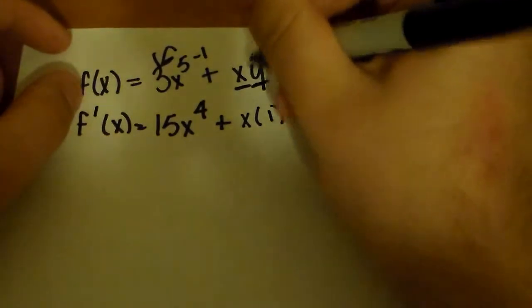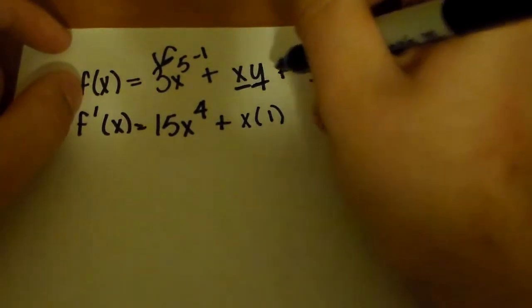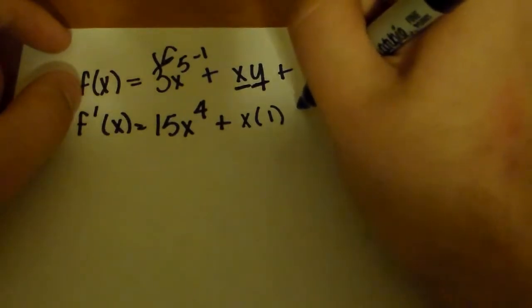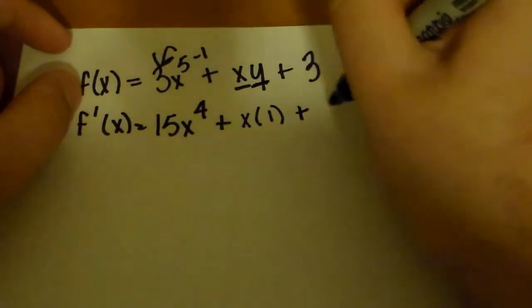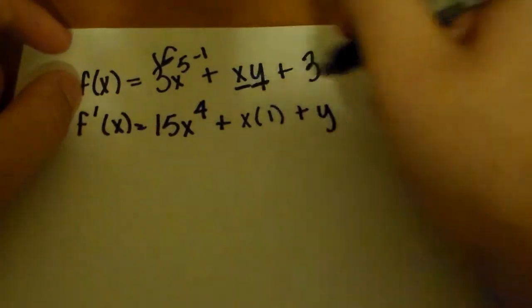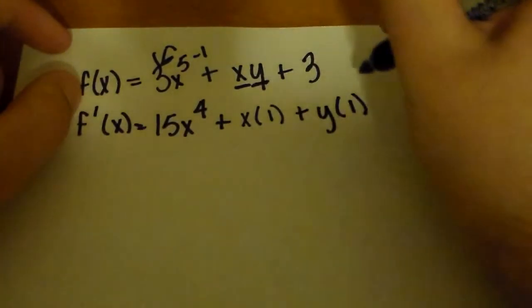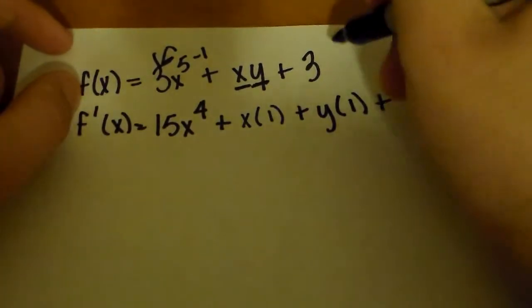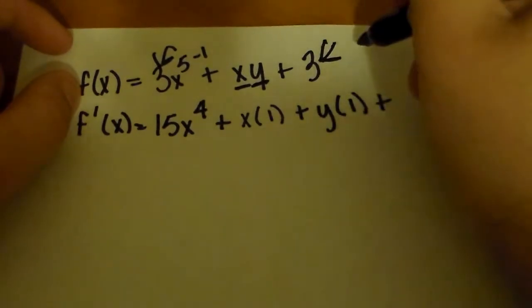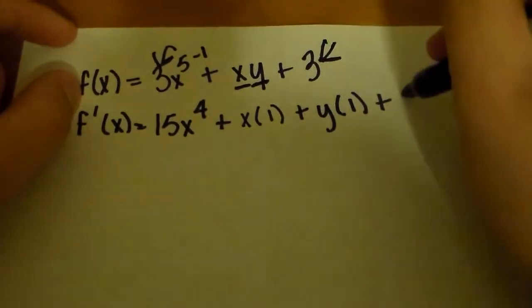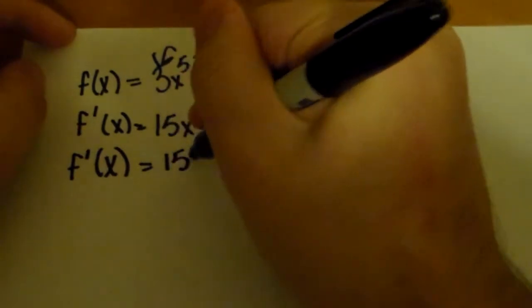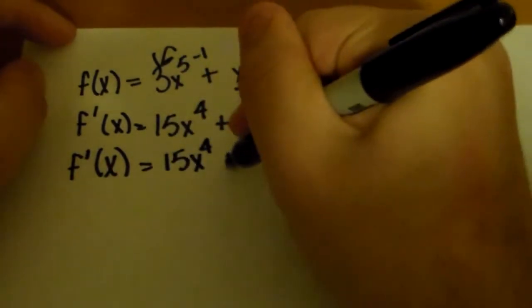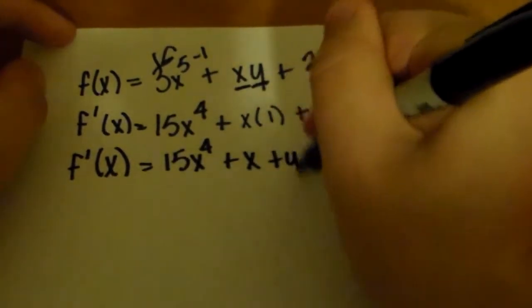But for right now, we're going to have this acting as an x, plus the second times the derivative of the first, plus, what's 3? You guessed it, it's 0. So the final answer here will be f prime of x equals 15x to the fourth plus x plus y.